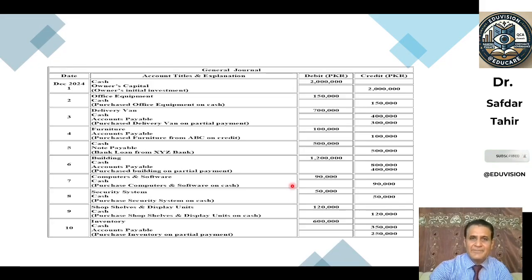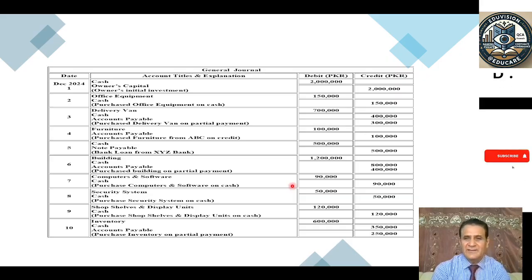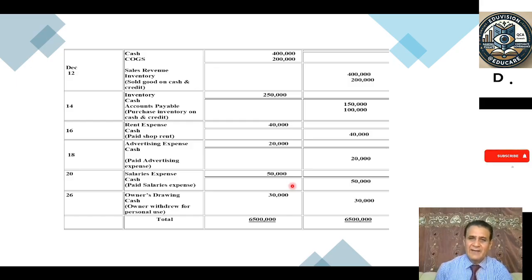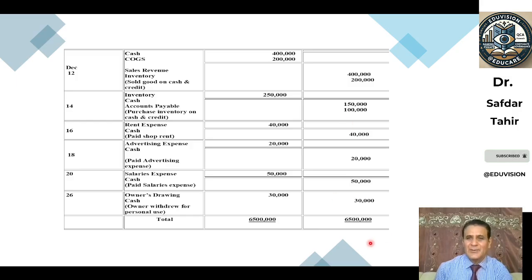You can say this is the previous journalization, and this is the new accounts, income related accounts. So the total debit is 65 lakh, equal to the total credit of 65 lakh.